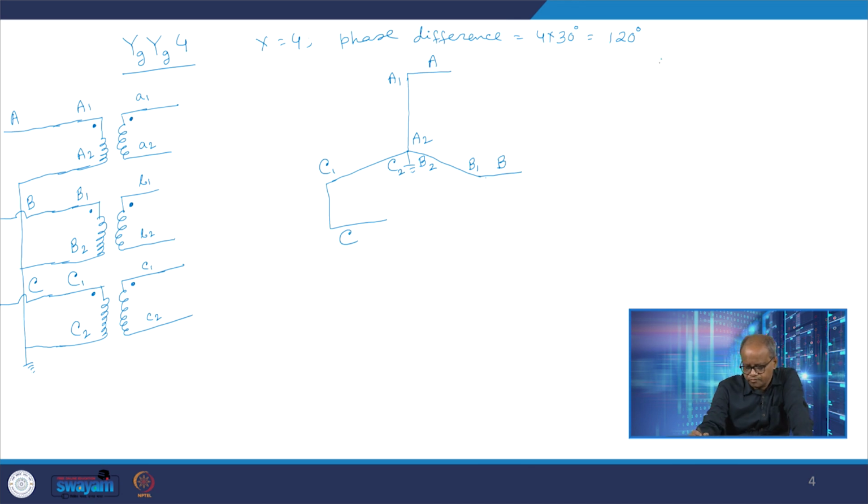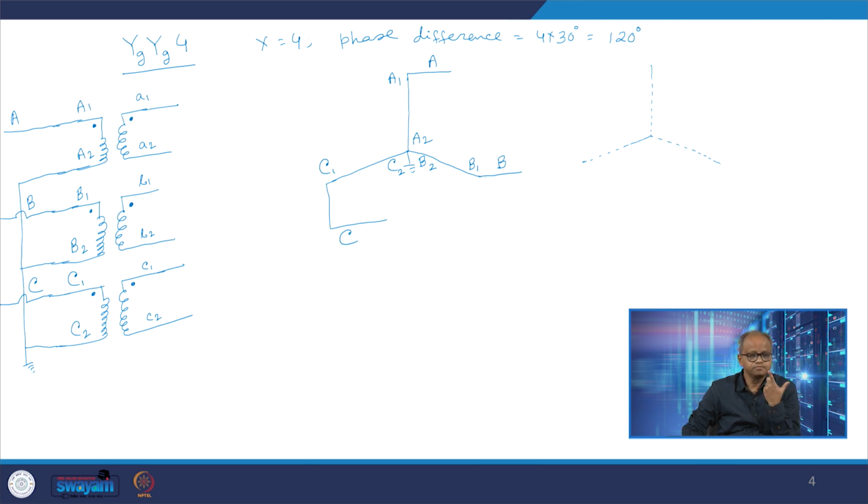Now we have to draw the phasor diagram at the secondary side. The dotted portions are the phasor diagram had there been no phase difference, but now phase difference is there. Our connection is YgYg4.